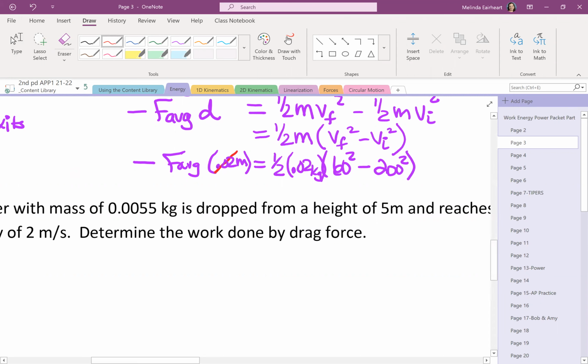You can actually cancel out. And then 60 squared is 3,600 minus, and 200 squared would be 40,000. So it's okay, don't forget your half. And when you do that subtraction, the negative should go away.